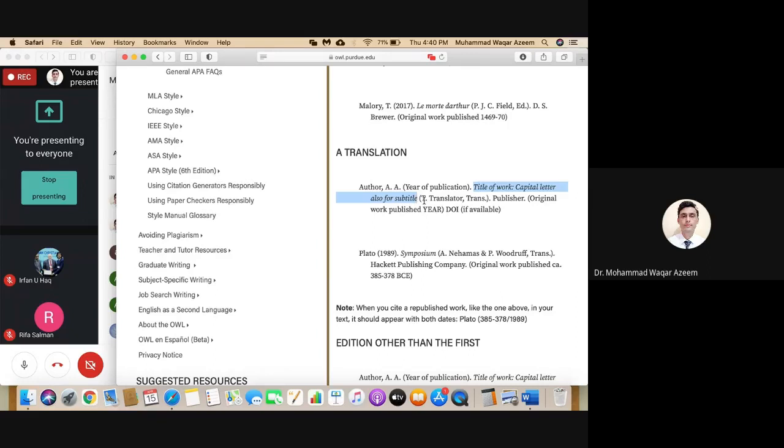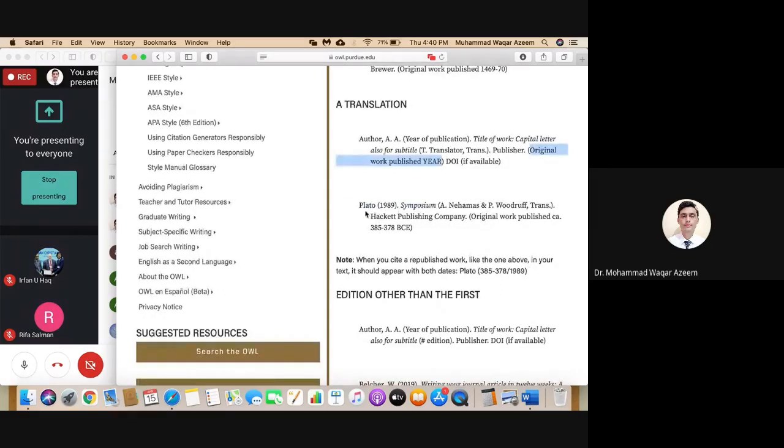Okay, and then within the parenthesis you need the translator along with the abbreviation Trans period, and then the publisher, and then the original work published year, and then DOI if available. So this is the real life example.